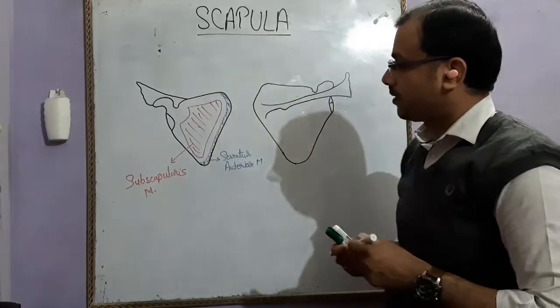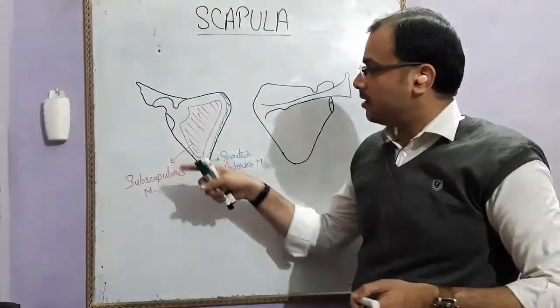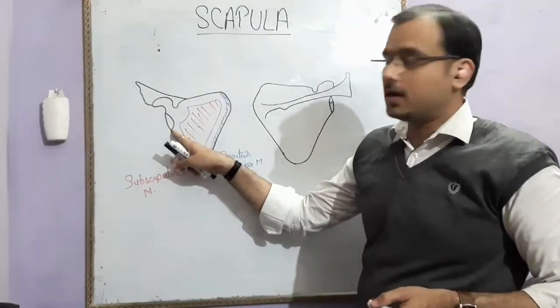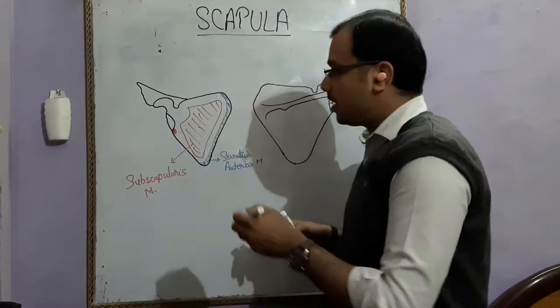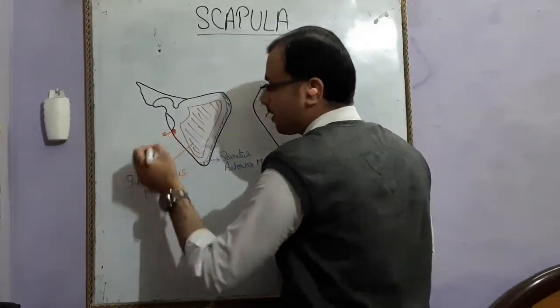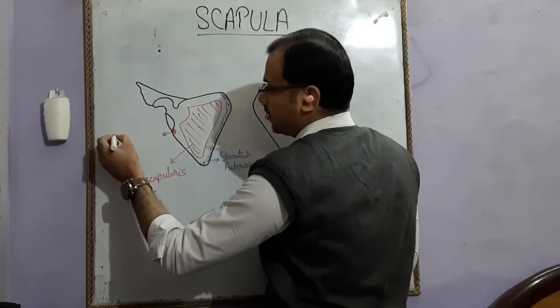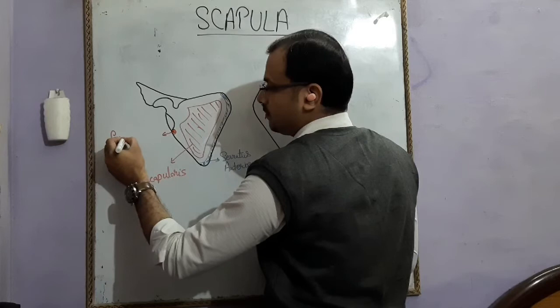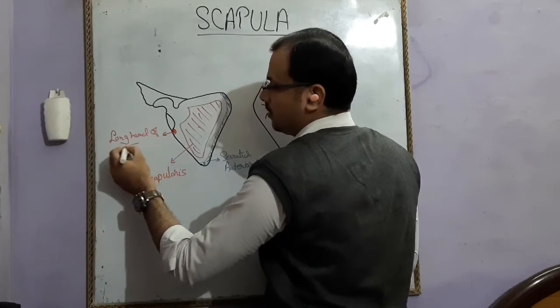Subscapularis muscle. Just below the glenoid cavity on the infraglenoid tubercle, here is the origin of the long head of triceps muscle. Long head of triceps.